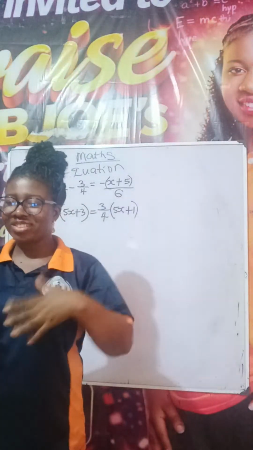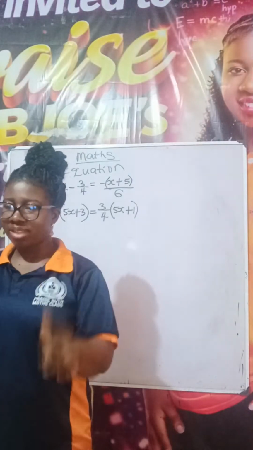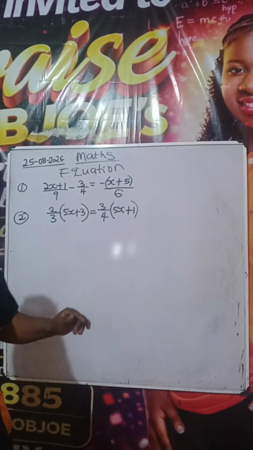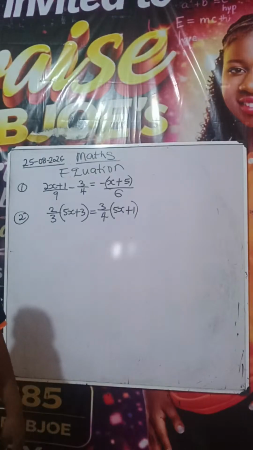Which one do you want us to do now? Then the second one, you will take it as your ice cream. You do the next one by yourself. So out of the two equations, 1 and 2, which one do you want us to solve now? Let me hear from you from the comment section.